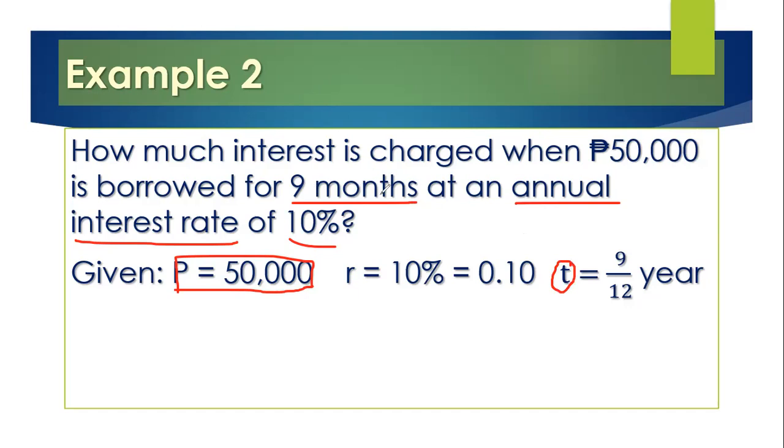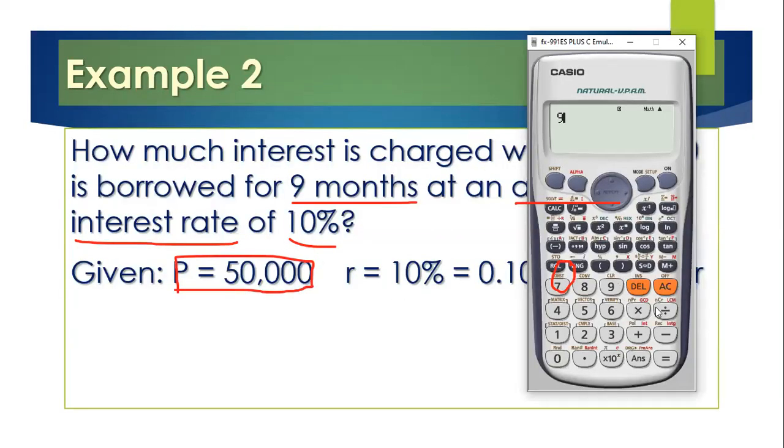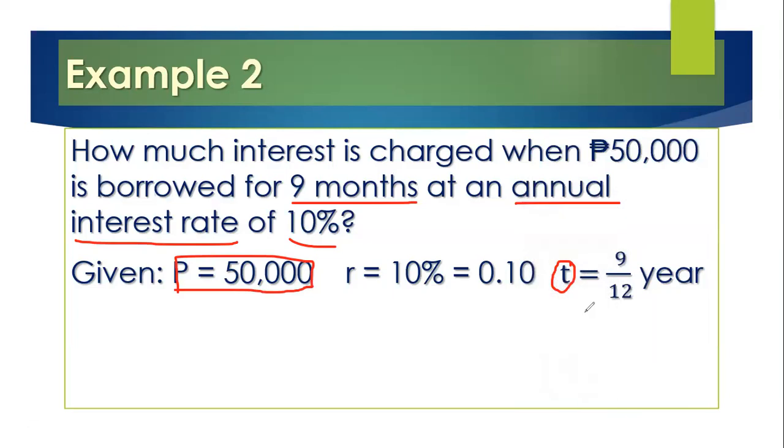Pero ang given natin is 9 months lang, hindi umabot ng isang taon. So i-divide natin sa 12. So 9/12. That is 0.75 yung ating T. Or pwede rin natin gamitin na 9/12 na siya as isa formula natin.